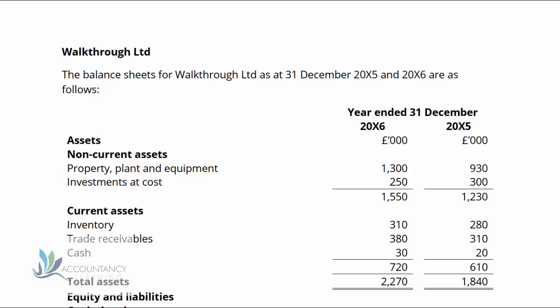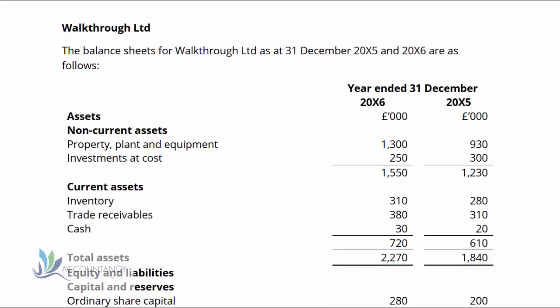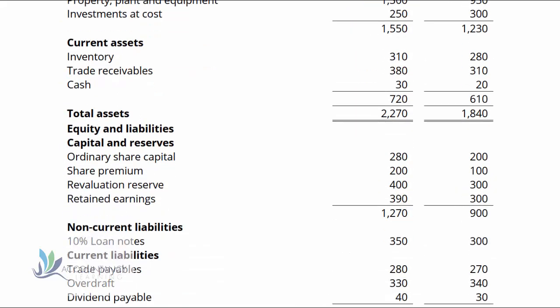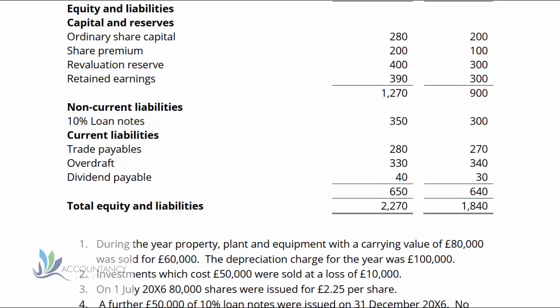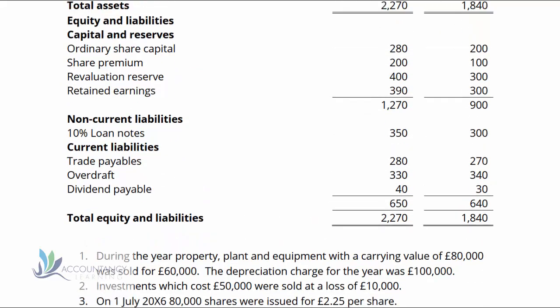So in the assessment you'd be presented with a balance sheet for 2 years, and normally you'd be shown a profit or loss account as well. Now in this particular example we just have the balance sheet for this year and last year. We don't have a profit or loss account, but we do have some notes at the bottom which will support us with that.